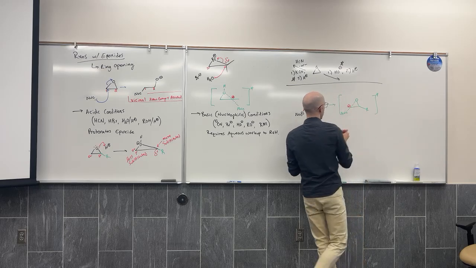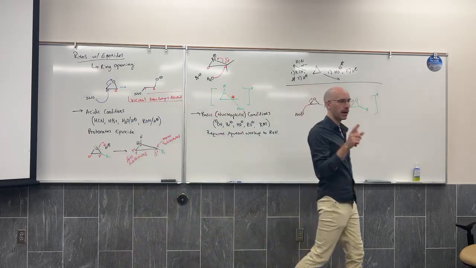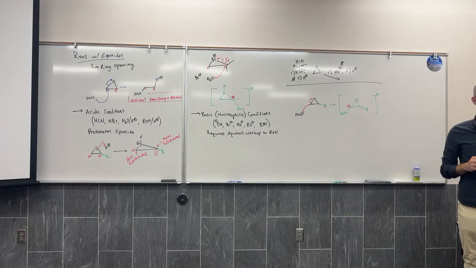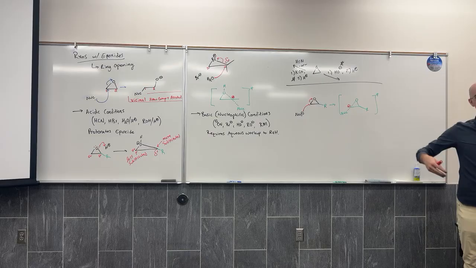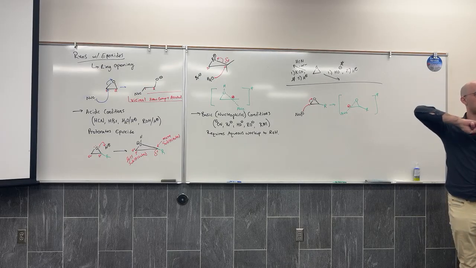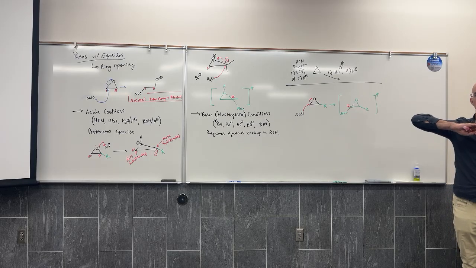So I think this would be a good time to remind ourselves, positive charge is more stable on a more substituted carbon, because that lack of electron density is swarmed by electron density. So the positive charge is stabilized.